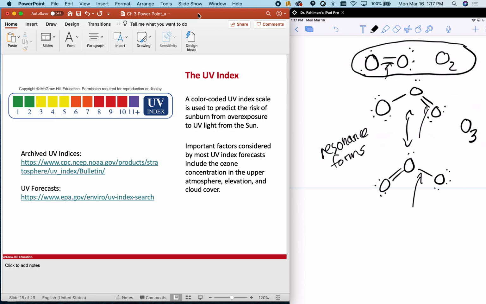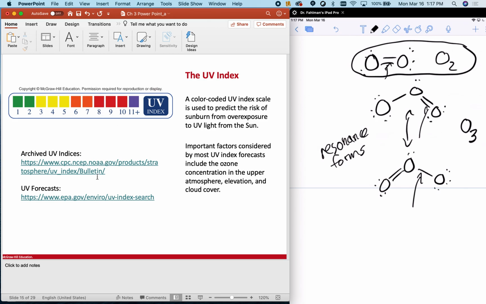UV index too has colors, and when it's getting into the reds and maroons, that means really stay indoors. So it's all color-coded. Green means, like what we have today, a UV index of 1 probably. But in the summertime, we'll probably hit these regions here, 8 or 9.